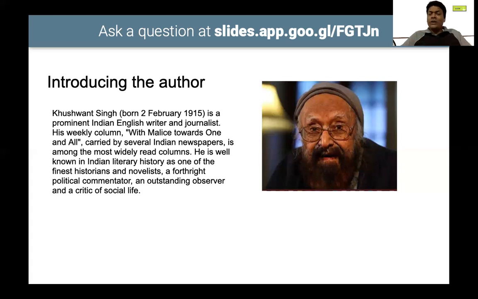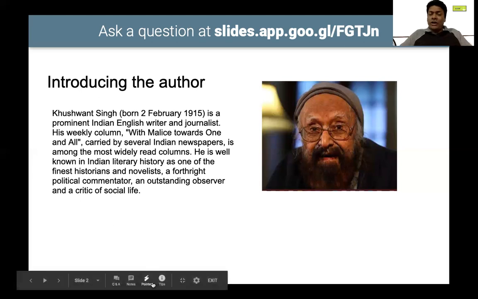He is well known in Indian literary history as one of the finest historians, and also a novelist. A forthright political commentator, he also gives his views on politics, right? So he is an outstanding observer and a critic of social life.